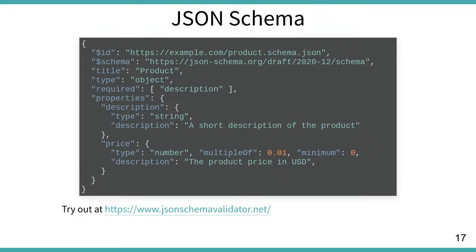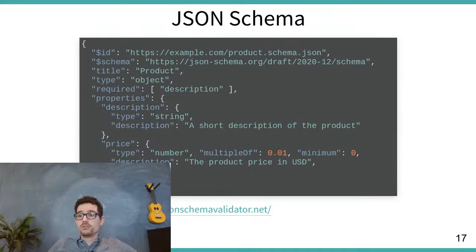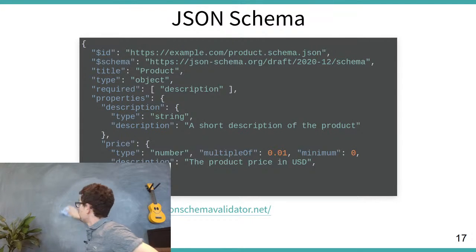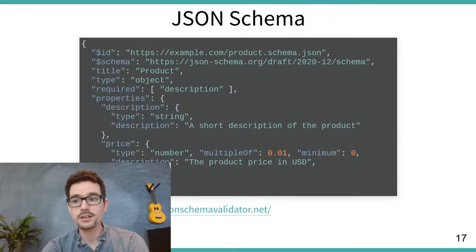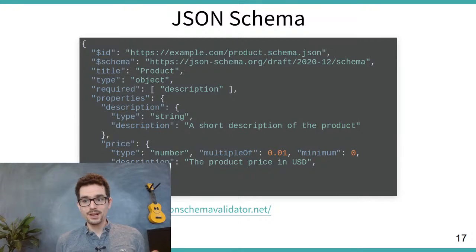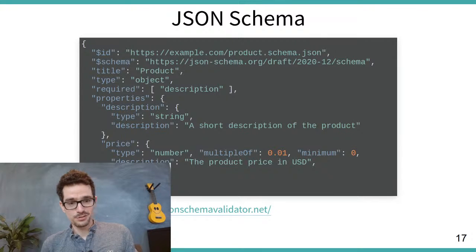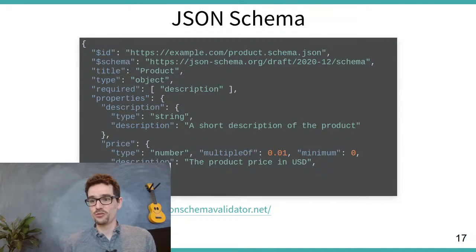Okay, other things I want to talk about today are, for example, JSON schema. We saw XML schemas and DTD last time, and we talked about well-formedness and validity. A document is well-formed when it follows the syntax of the language.